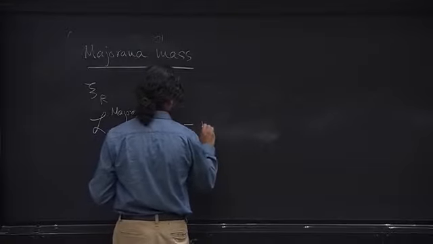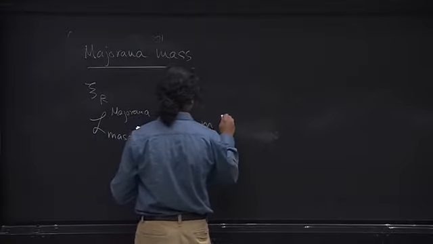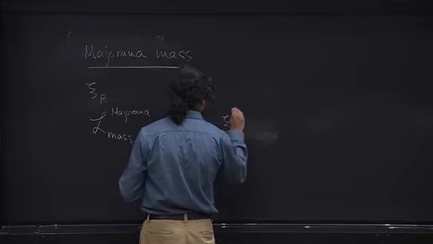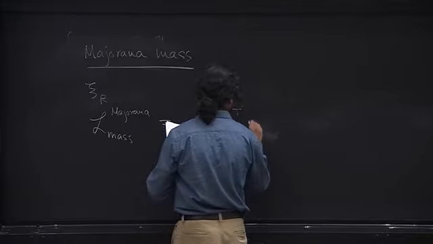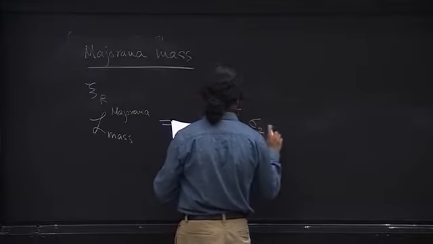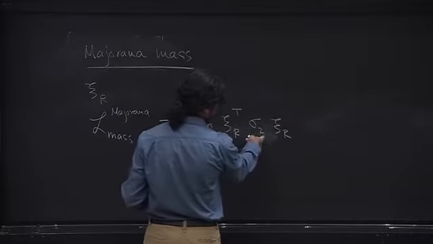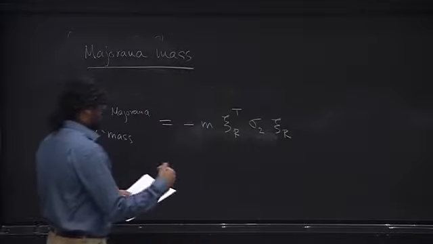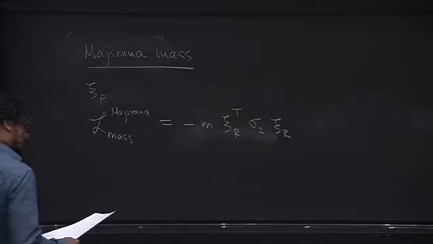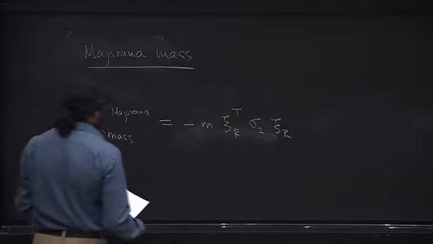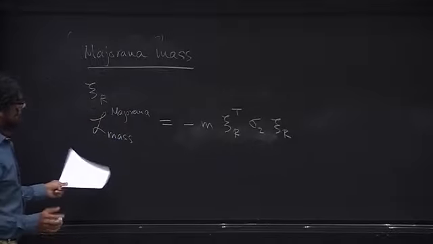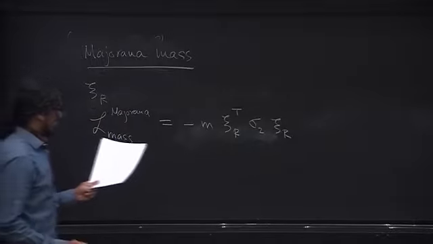So the Majorana mass term is of this form. You have some mass parameter, a transpose, sigma 2, sigma R. I sometimes write the 2 below, sometimes above. It doesn't matter. It's the same thing. Now, let's talk about the price you have to pay.